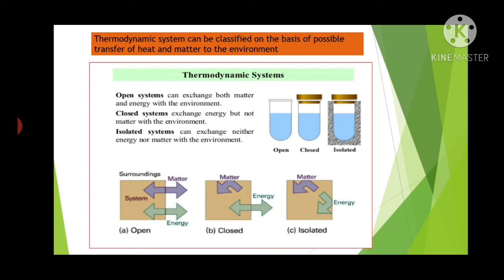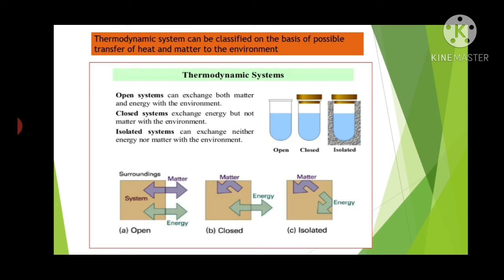Now what is meant by open system? Open system, the word itself has its meaning. That is, open system can exchange both matter as well as energy with the environment. Now let us take an example of this open system. If a vessel or a container which has water in it is kept on a burner, and if the burner is on, then what will happen?